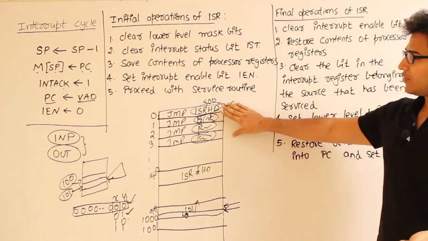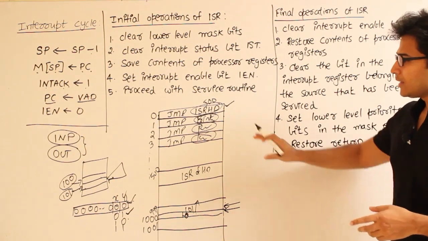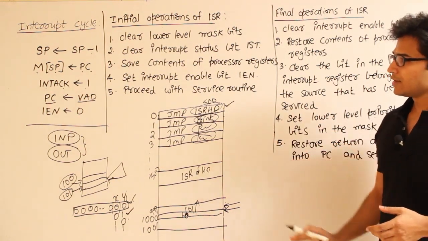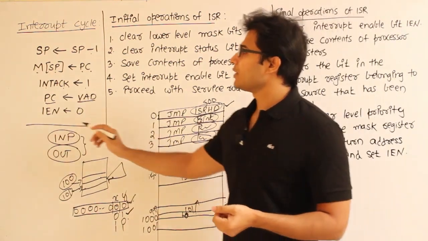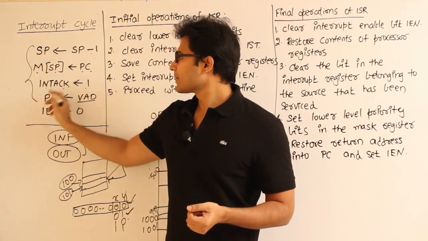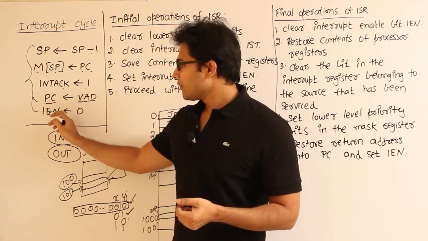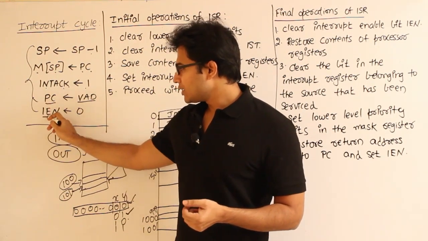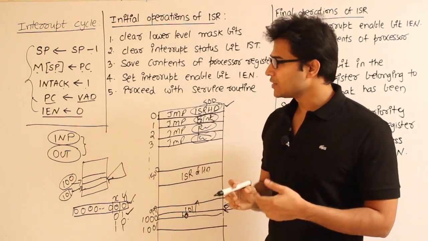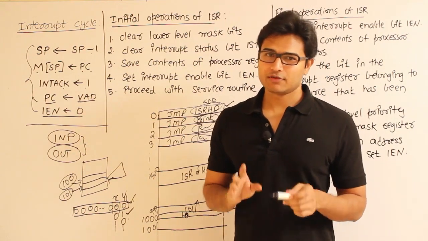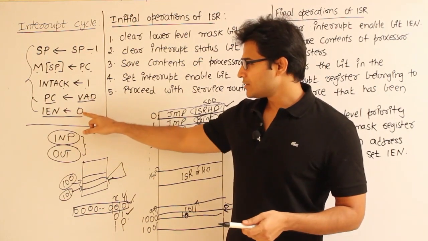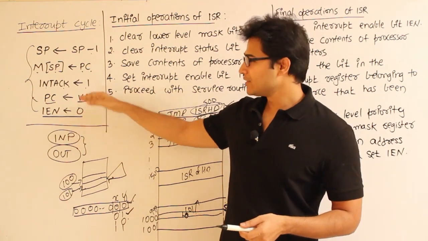Okay, somehow we are able to reach here. So everything that is done till here is done in the hardware, and that is called the interrupt cycle. Got it? This entire thing is done by the interrupt cycle. Now before you start the interrupt service, you have to disable this particular interrupt facility for some time. The reason why we are disabling the interrupt is that it will be ambiguous.